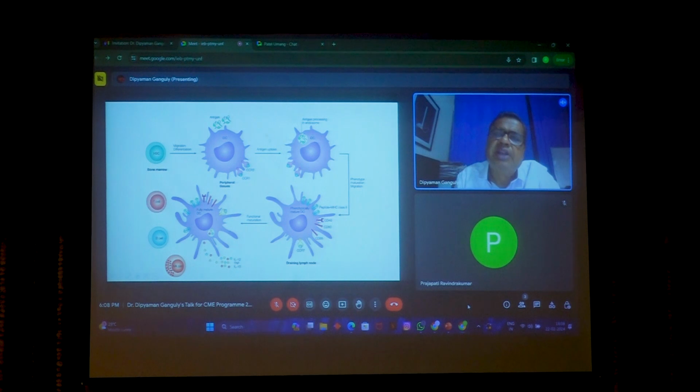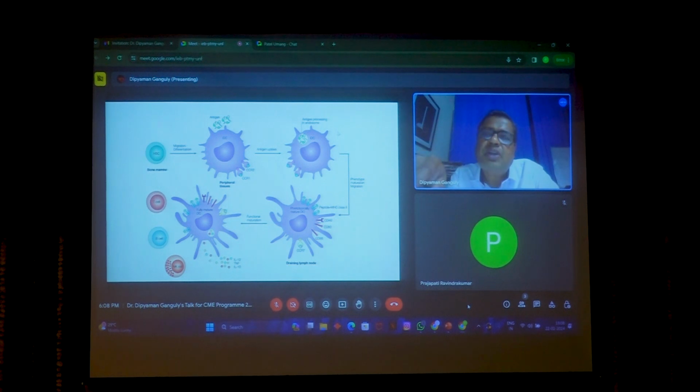And whenever they are sampling antigen in the context of danger signals, they get mature. If they are seeing antigen in the absence of a danger signal, they're usually not mature and they become tolerogenic. They try to not present that antigen nicely to the T cell. I'll explain why that happens.